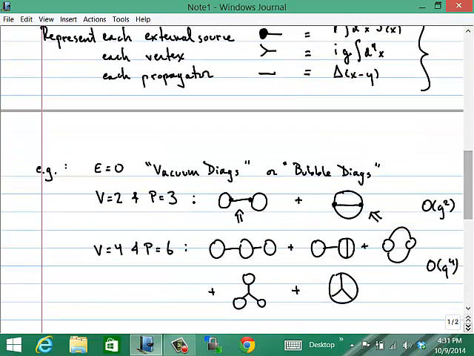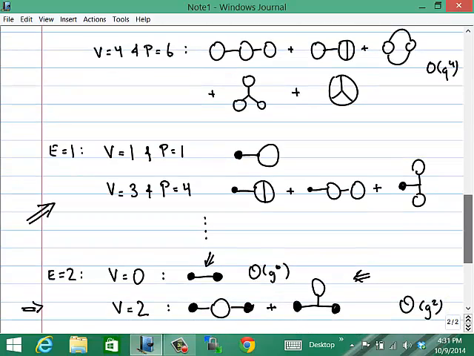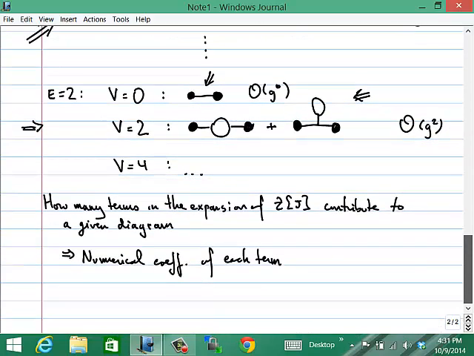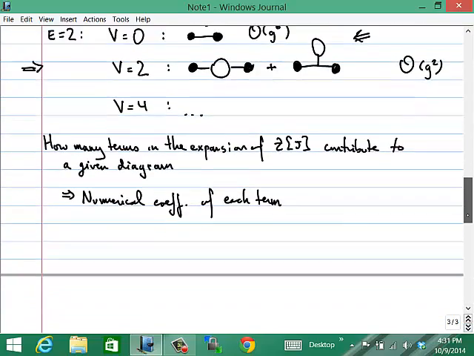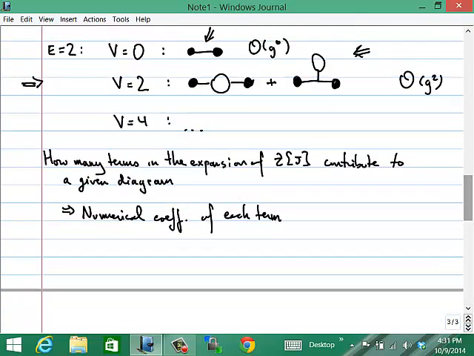So in particular, let's just consider a diagram with some number of vertices and some other number of propagators. Okay. So consider a diagram with p propagators and v vertices.